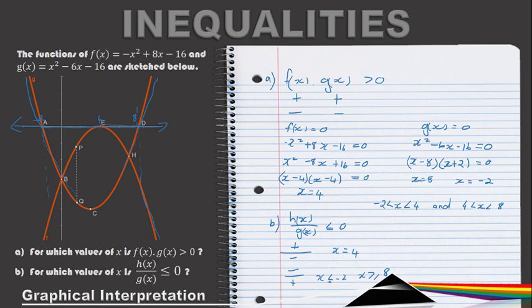So this will only be where x is less than minus 2 and x is greater than 8. So our final values will be x equal to 4, or x less than minus 2, or x greater than 8.